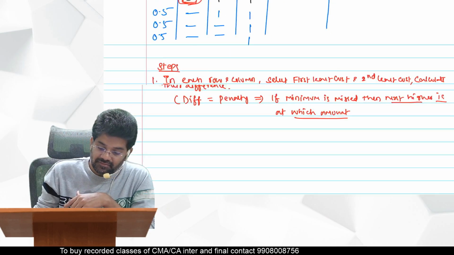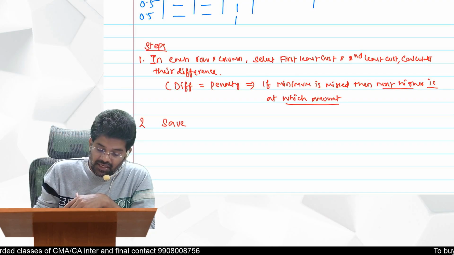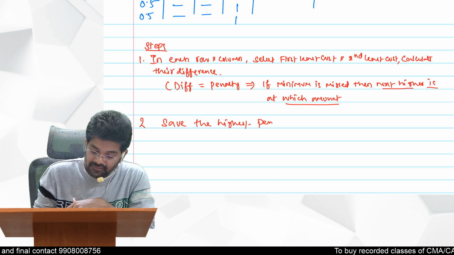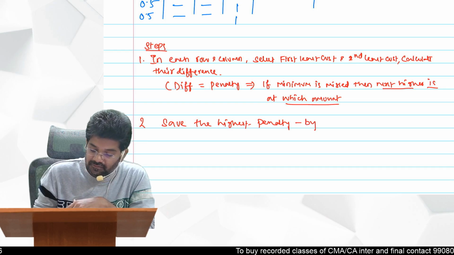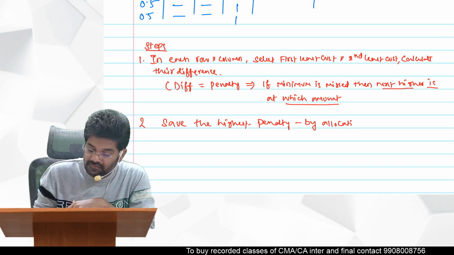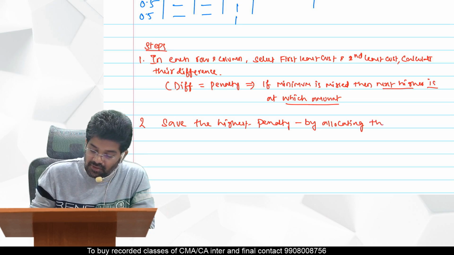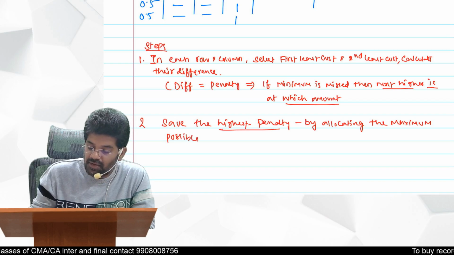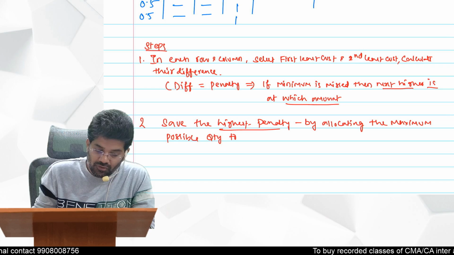So this second step is: save the highest penalty by allocating the maximum possible quantity to the least cost. This is the logic here.